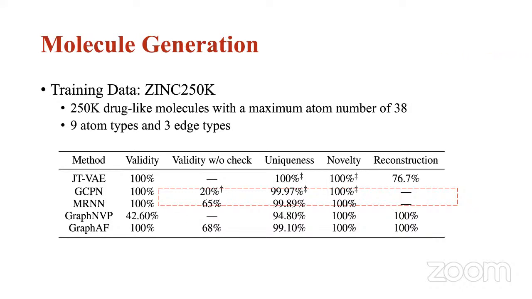So will there be a trade-off between the uniqueness and novelty? Not really. The algorithms are able to pretty much always generate new molecules that are different from the training data, right? But we can also make sure that those molecules are different from each other, because the space is very, very large.